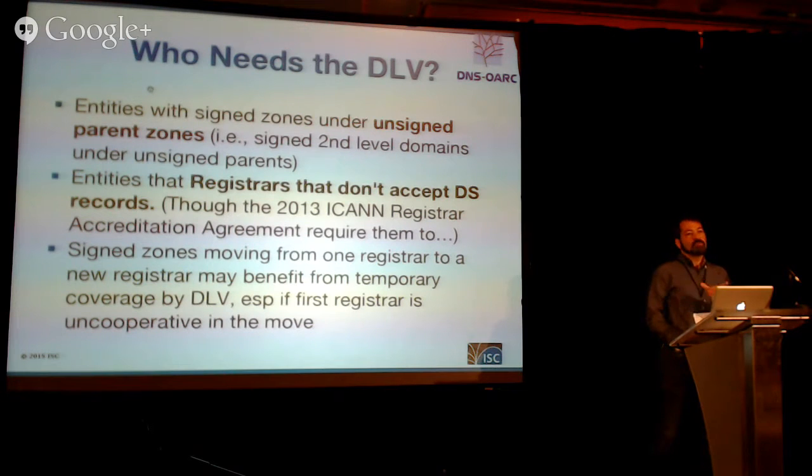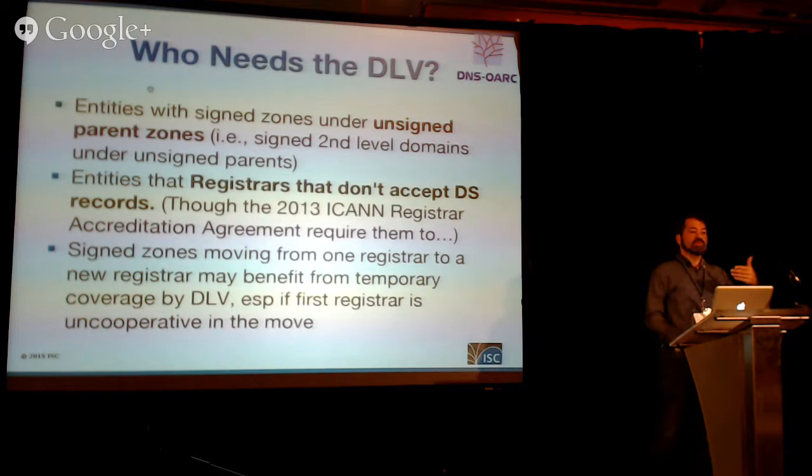Those agreements run for 5 years, so by 2018, everybody is contractually required to do so. There are some corner cases where it's still useful, for someone who's moving from one registrar to another and can't time it perfectly, and you need to get the DS records in, where being able to validate through the DLV is useful.